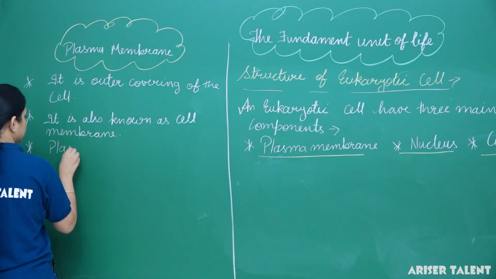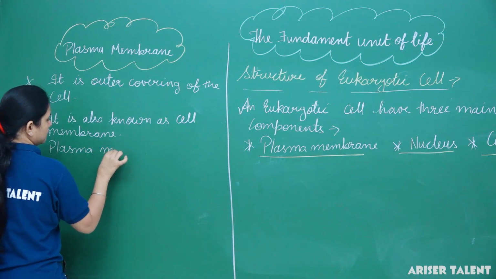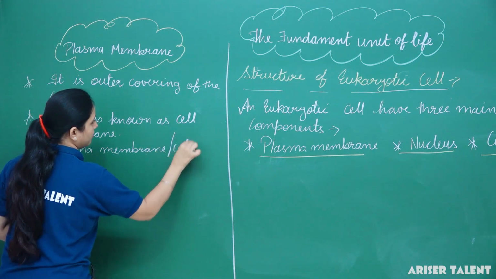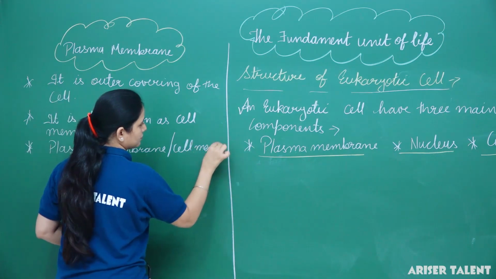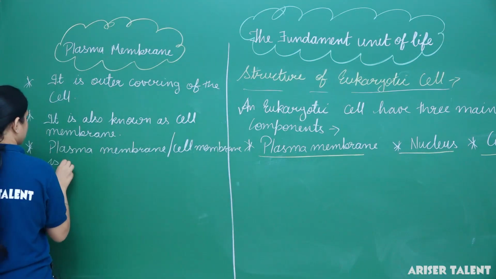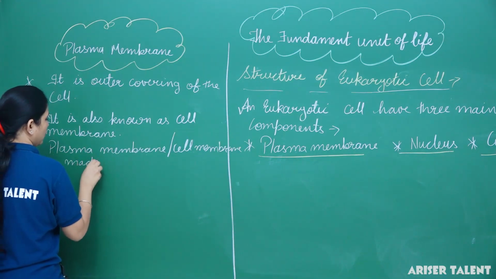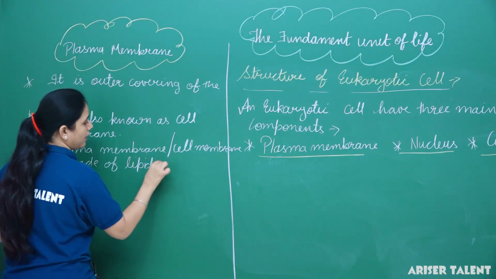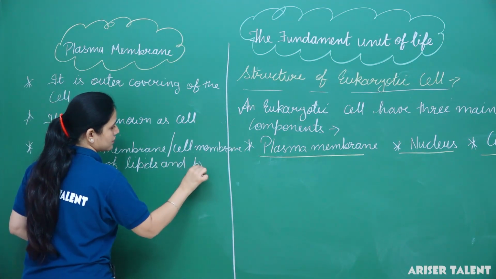Plasma membrane, and as well we can call it cell membrane, is made of lipids and proteins.